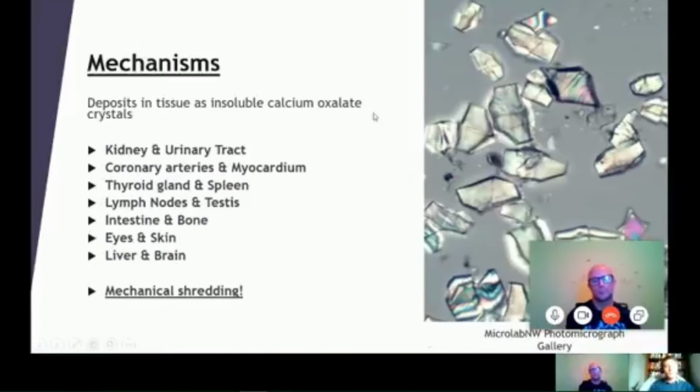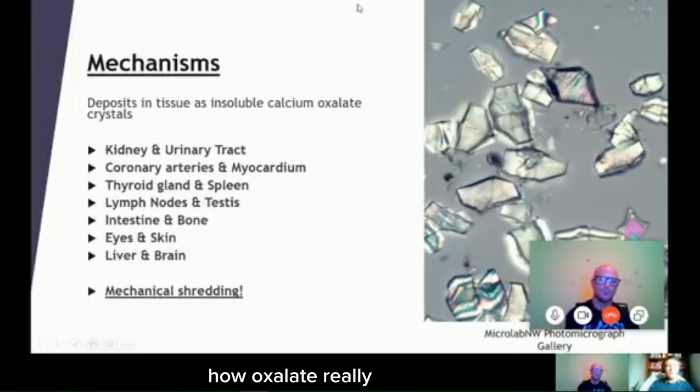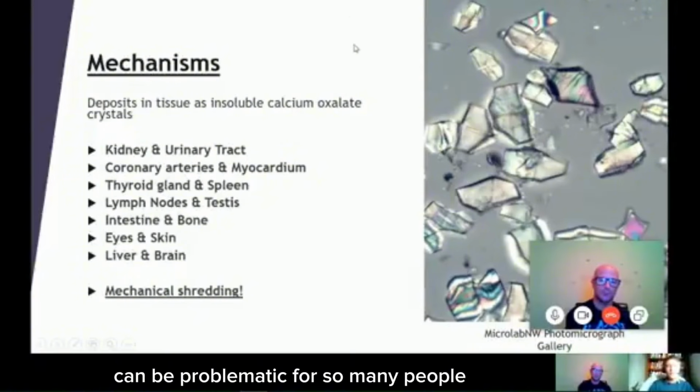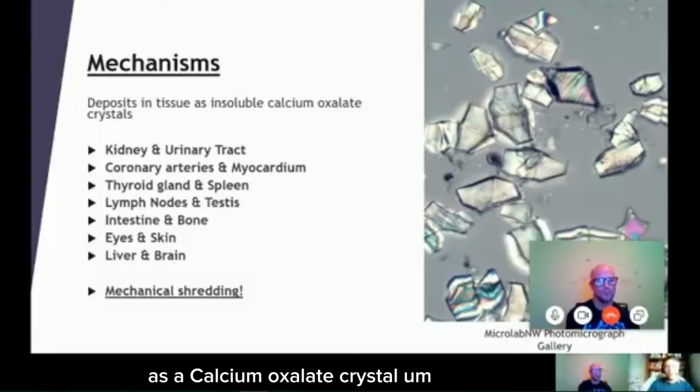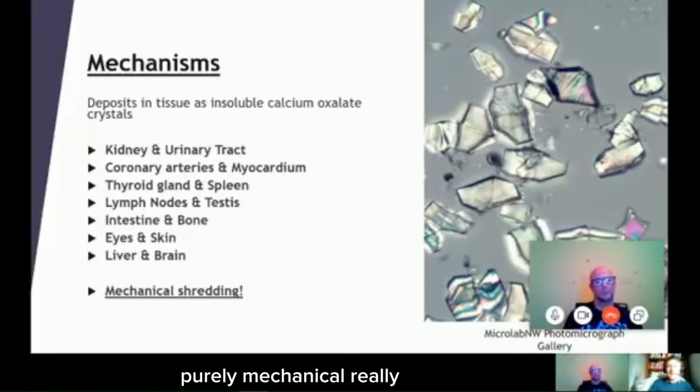Now we're going to go into the mechanisms of how oxalate can be problematic for so many people. As I just said, it can deposit in a tissue as a calcium oxalate crystal, and you can think of the problems related to this as purely mechanical.